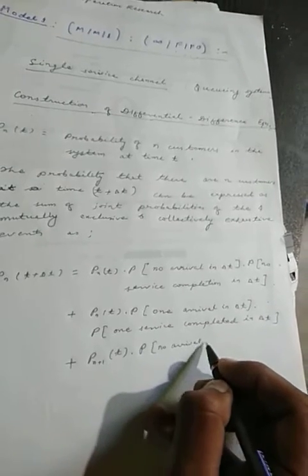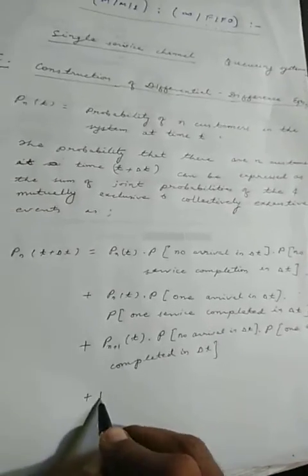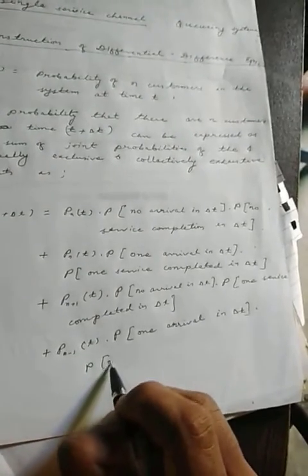Okay, plus probability of n plus 1 customers in the system at time t into probability of no arrival in delta t time into probability of one service completed in delta t time, plus probability of n minus 1 customers at time t into probability of one arrival in the same time interval delta t into probability of no service completion in delta t time.